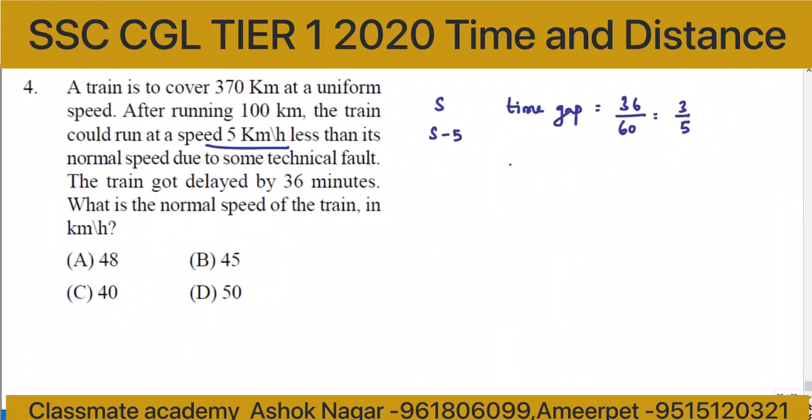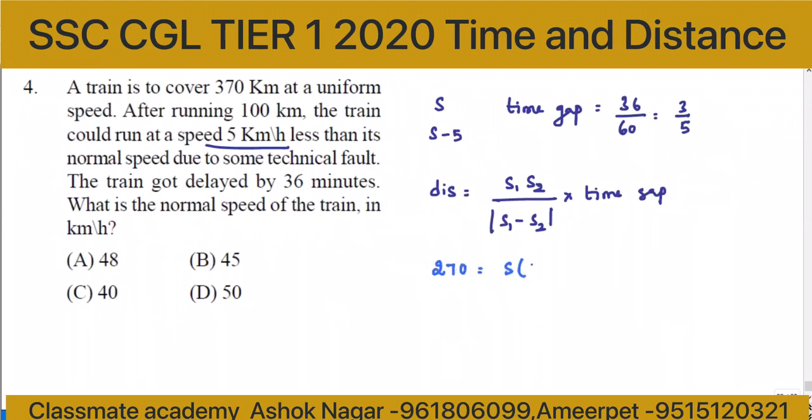What is the formula when distance and two speeds and time gap are given? I'm writing the formula. Distance is equal to S1 into S2 divided by S1 minus S2, into the time gap. What is the time gap here? 3/5. Tell me what it is. Distance is 270.